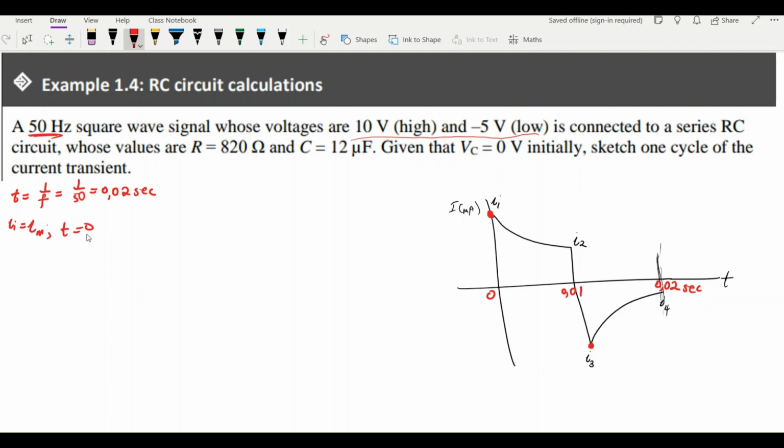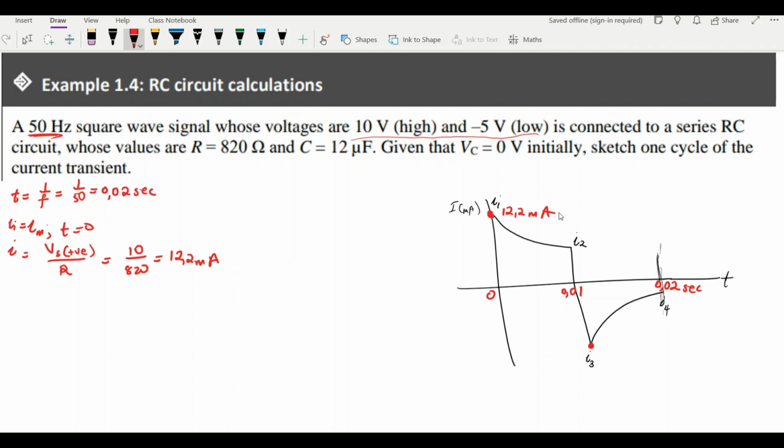I could simply calculate it as V supply at the positive side divided by R. This gives me 10 divided by 820, and here I will have 12.2 milliamperes. So the value here would be 12.2 milliamperes. Look at it very carefully.